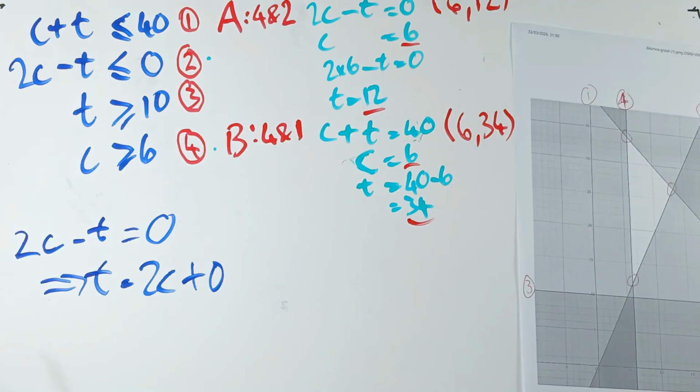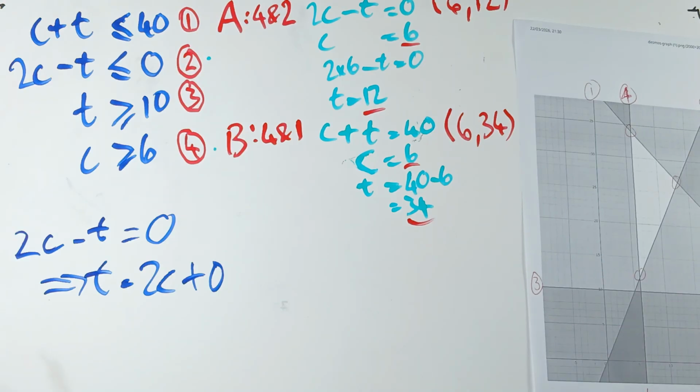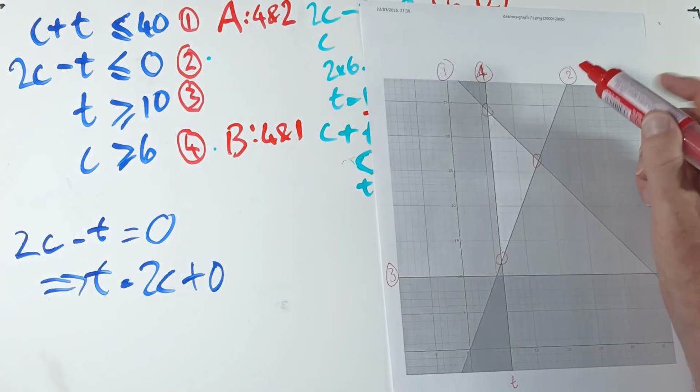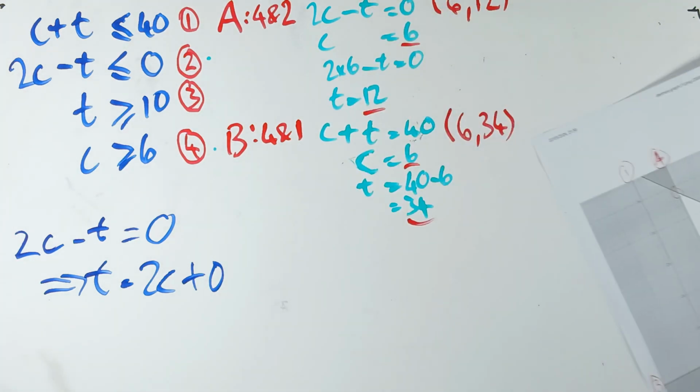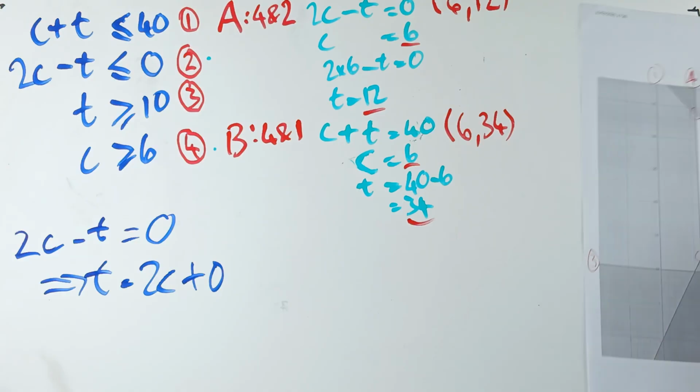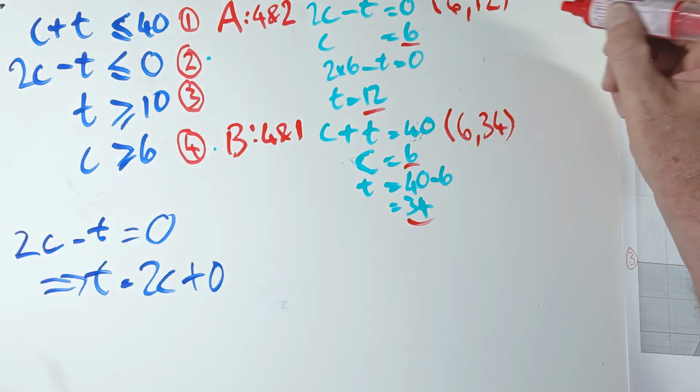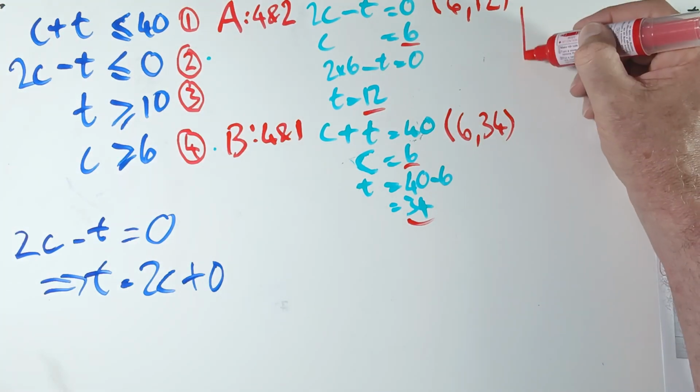And the last critical point, a slightly harder one, is the intersection of 1 and 2. You can use a calculator for it, of course. If you did use the calculator for it, you would enter the values like this.